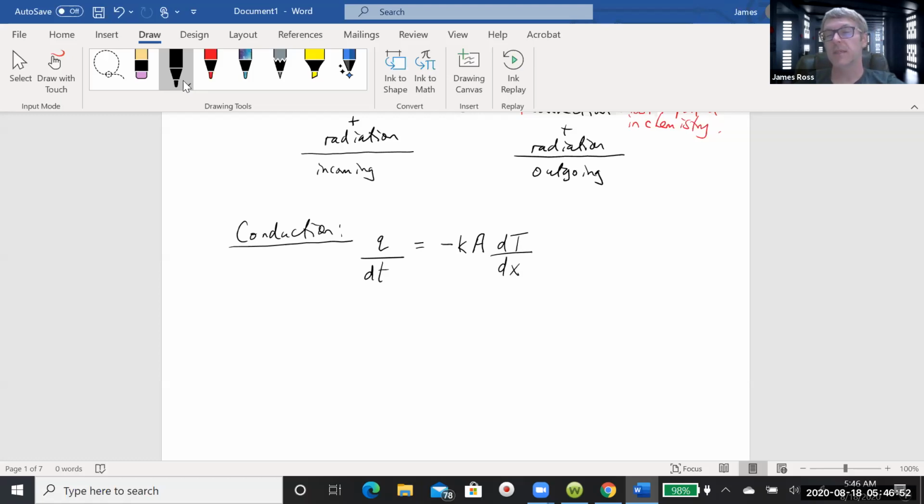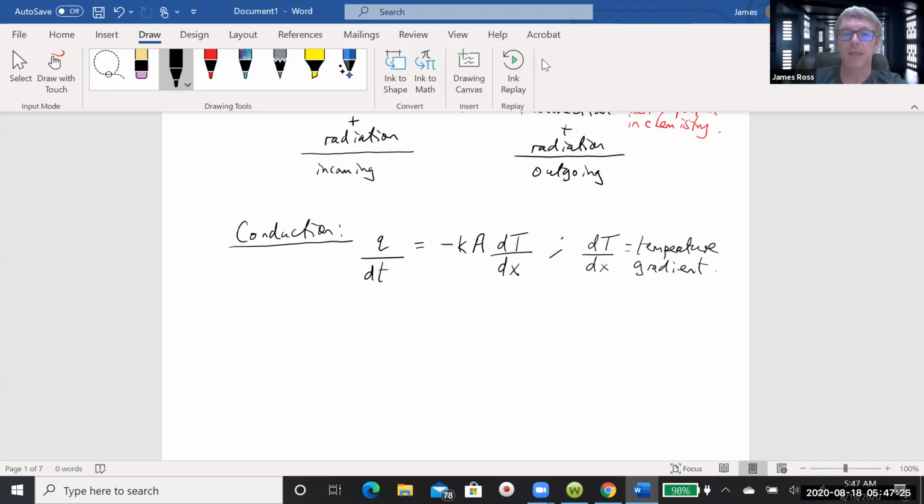dx is just space, or the x direction. Let's say it's a one-dimensional space direction. dT is temperature. T is temperature, or we can lump it together. dT by dx is the temperature gradient, which I'll show you in a second.